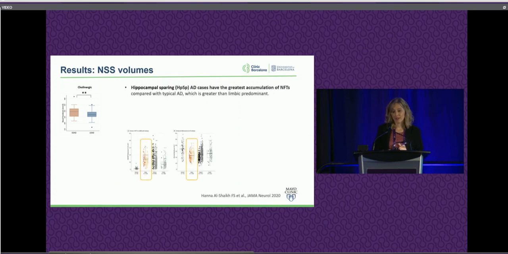However, this result is somehow divergent with other studies that have been performed neuropathologically. I'm showing here the results of a great study performed at Mayo Clinic by Melissa Murray's lab, which also shows that the nucleus basalis of Meynert was degenerated differently across different AD subtypes, which is in line with our hypothesis.